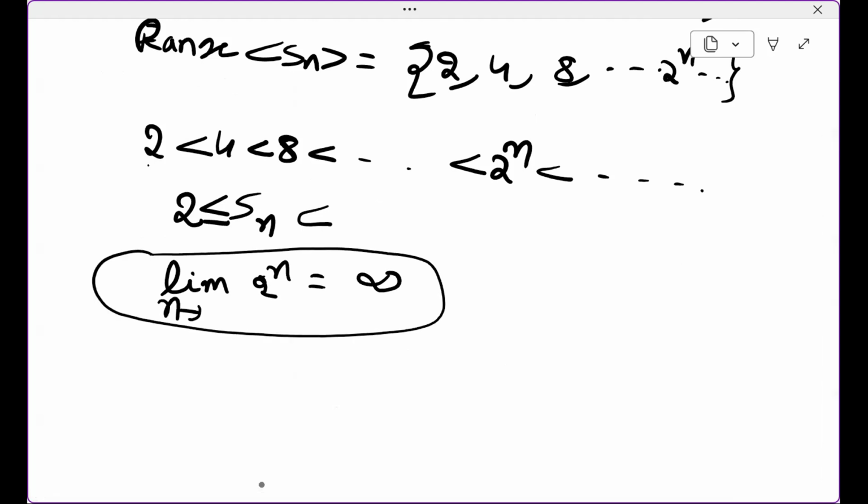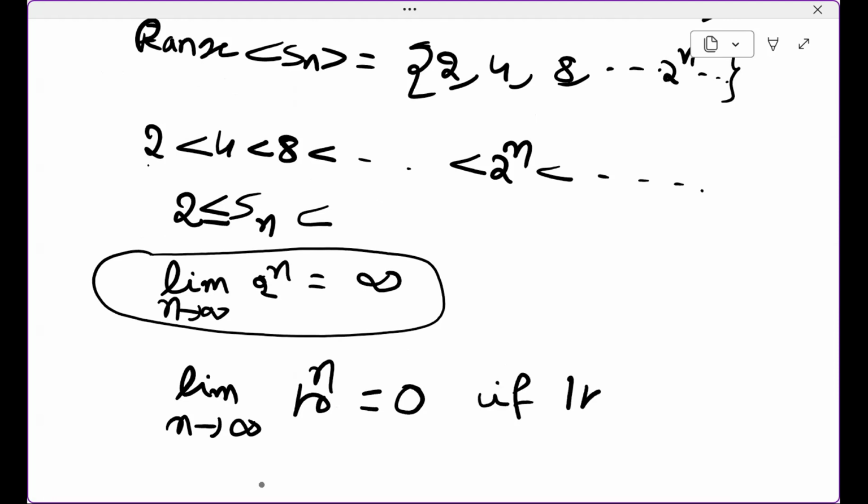What is the standard limit? The limit as n tends to infinity of r power n will be equal to 0 if mod r is less than 1. Use this standard limit, for example 1 by 2 whole power n, 1 by 3 whole power n.